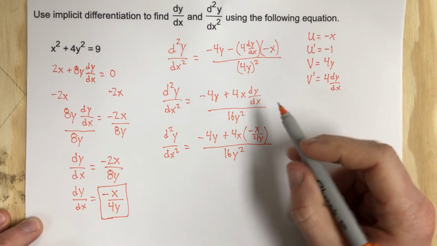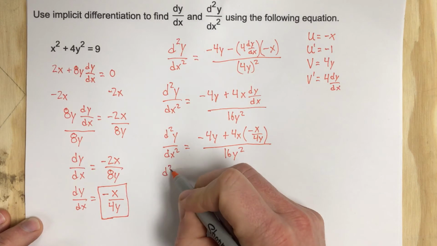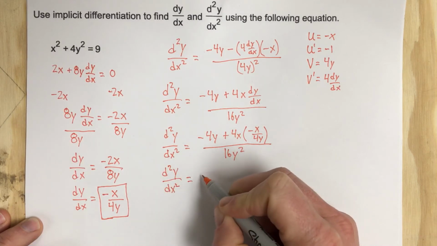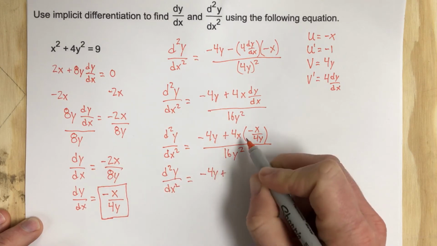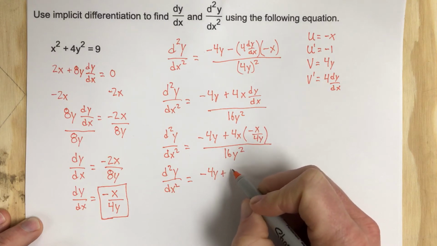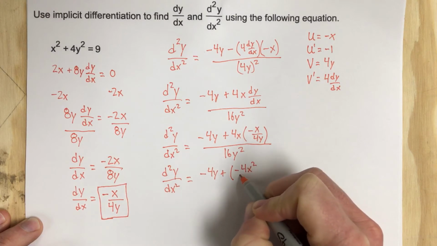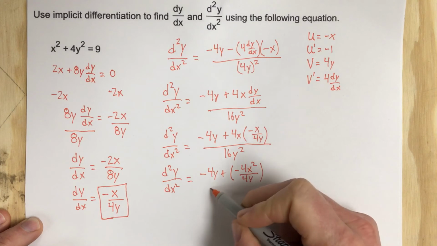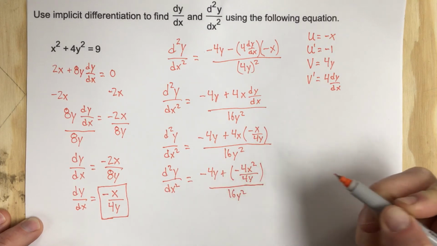So let's combine some stuff together. We end up with the second derivative of y with respect to x. This will be negative 4y plus, well actually it would be minus, we'll just put plus negative 4x squared for right now, over 4y, all over 16y squared.